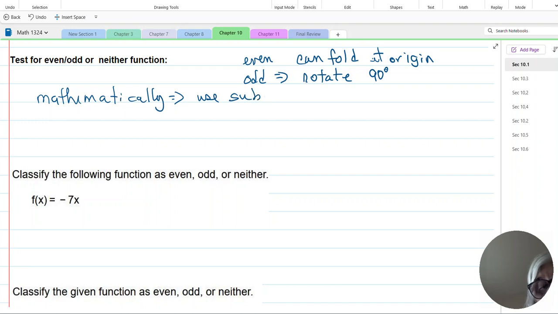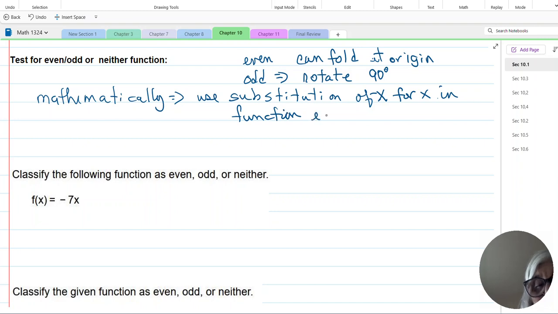Substitution of negative x for x in the function. Evaluate the change.